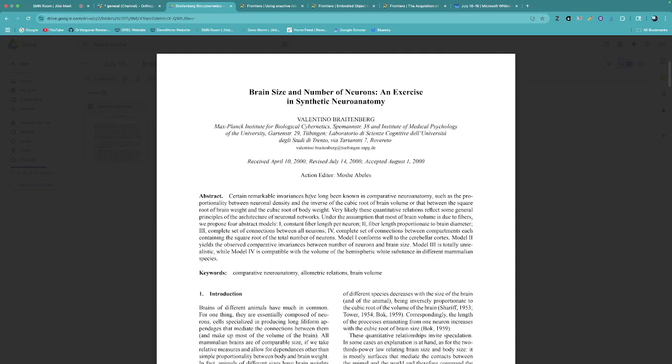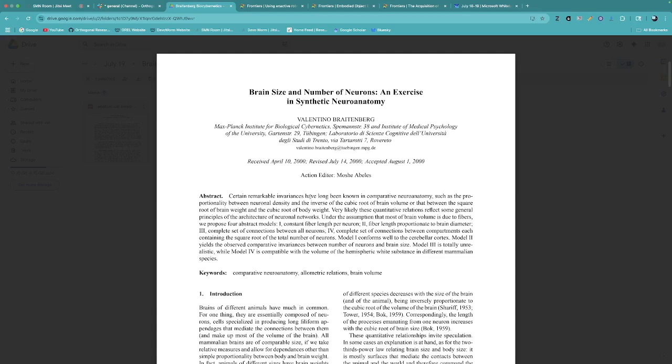We can assume a complete set of connections between all neurons, which gives us maybe a number for the number of connections and then the number of neurons. And then 4 is a complete set of connections between compartments, each containing the square root of the total number of neurons. So this is where we have modularity. We have these modules that are connected selectively with very few connections, and then each module is fully connected within.